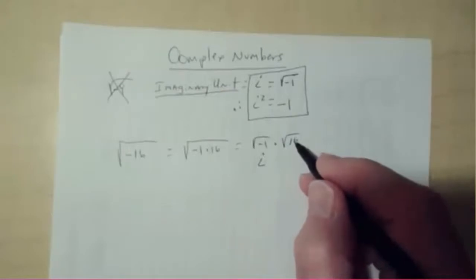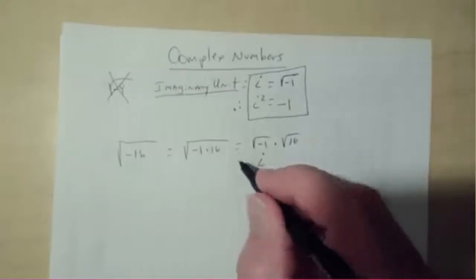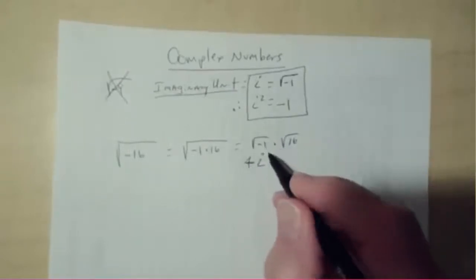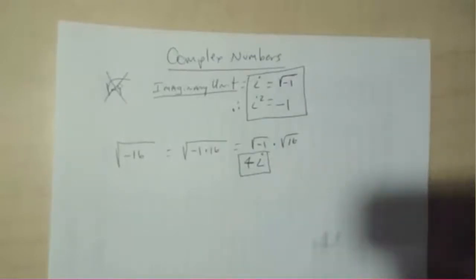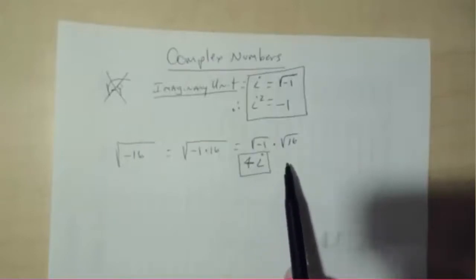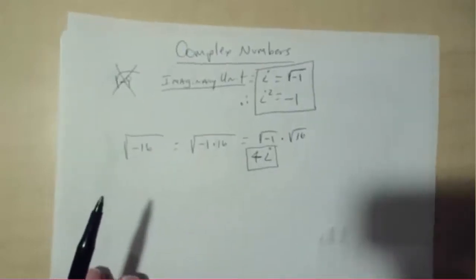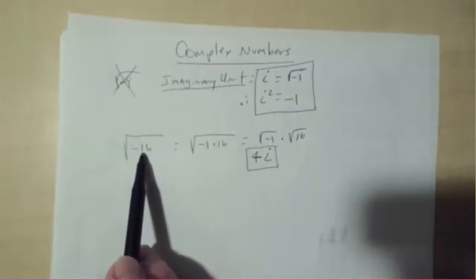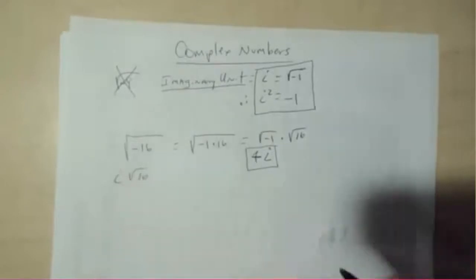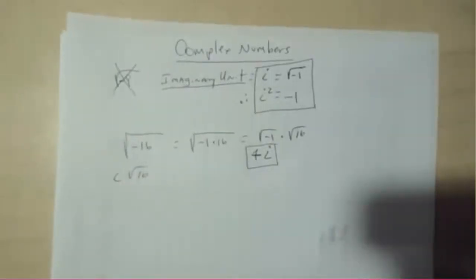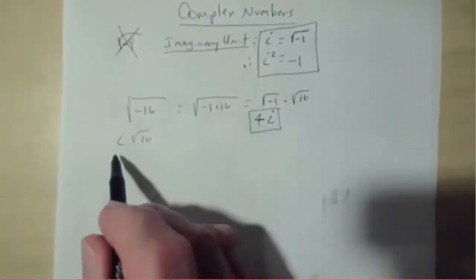And what is the square root of negative 1? i. What is the square root of 16? 4. Okay, you can do it like this, or if you have a negative inside the radical, just bring an i outside.